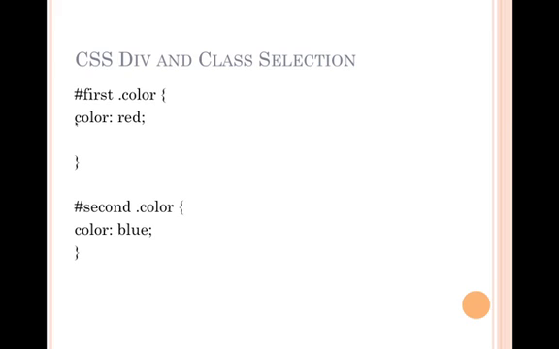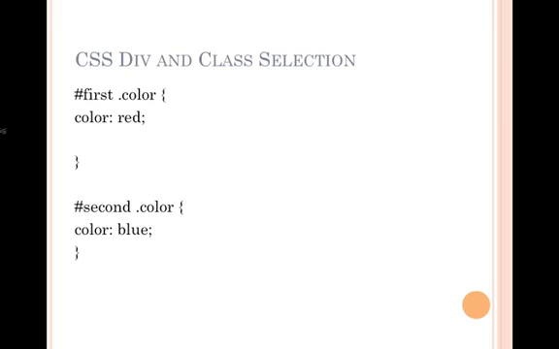And the same thing goes for CSS divs and class selection. So you can select a division or use the ID selector and then combine that with a class to target where that class would be applied.